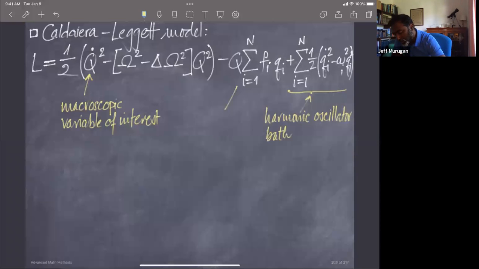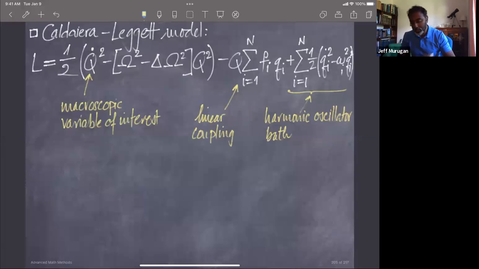And this term here is the coupling. It's a linear coupling term between the oscillator that we're interested in, capital Q, and the bath, the little q's. Very good. So this is the Caldeira-Leggett model, and this is the system we want to study now.